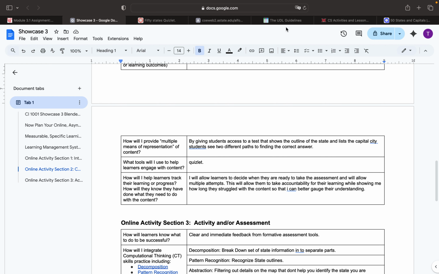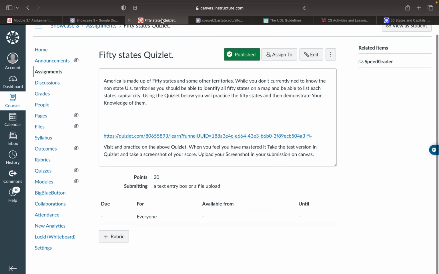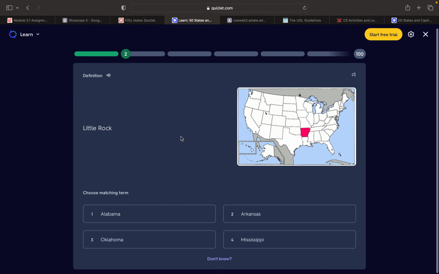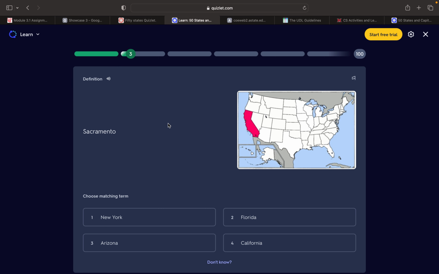So if we can hop over to Quizlet here really quick. The Quizlet I've got here that I based this off of, you see Arkansas, and we go on to California after this, but it gives you the outline of the state here, and then the state capital here. I feel like this is very good if you have a visually impaired student, because they're not going to be able to see, okay, here's the outline of California.